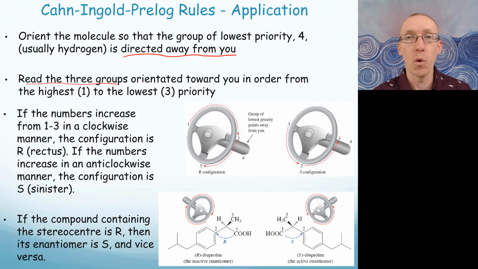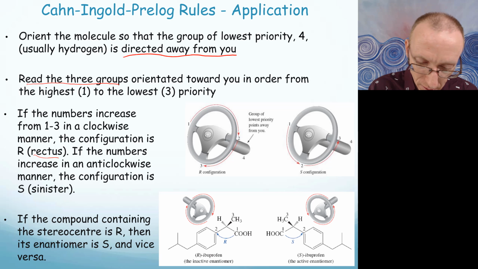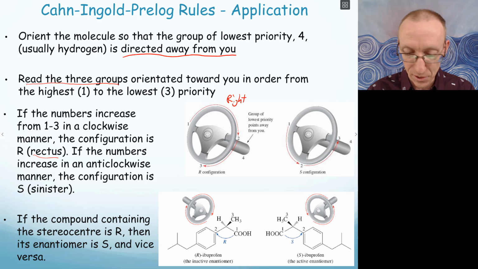If they go from 1 to 2 to 3 in a clockwise direction, then we call that compound R, which is from the word rectus. If they go in an anti-clockwise direction, then we call that S for sinister. And the way to remember this is, imagine driving a car and you come up to a right-hand turn, then R is going to be where you make that right-hand turn.